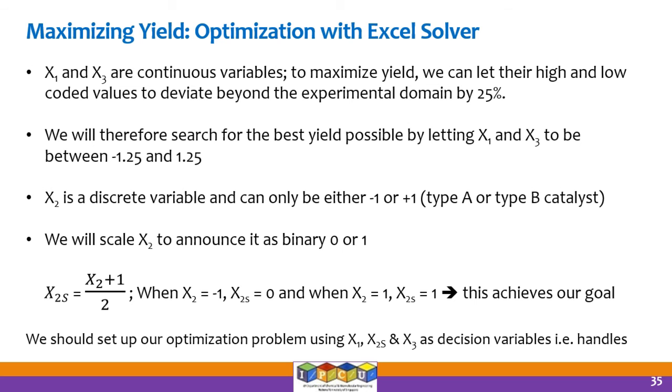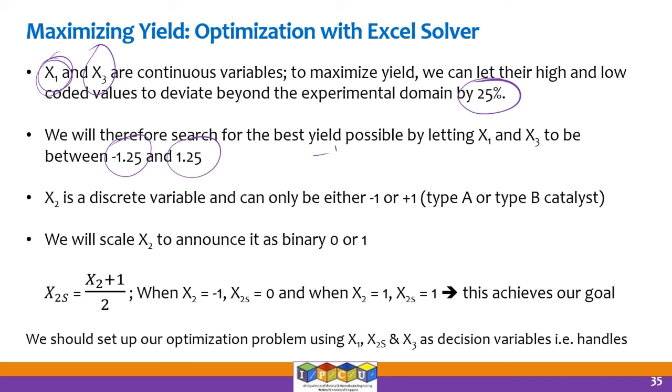In this particular case, x1 and x3 are continuous variables. So when I optimize, I'm happy to allow a 25% deviation from the experimental limits. That means I'm allowing 25% extrapolation because they are continuous variables. Therefore, I will set the low value for x1 to be minus 1.25 and the high value for x1 to be plus 1.25.